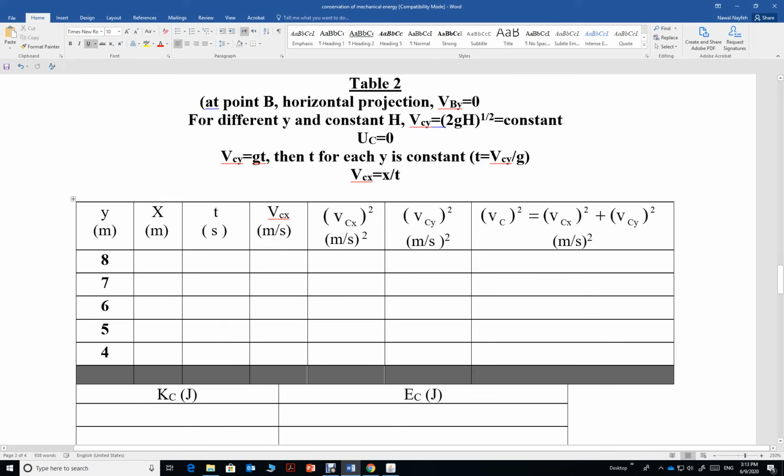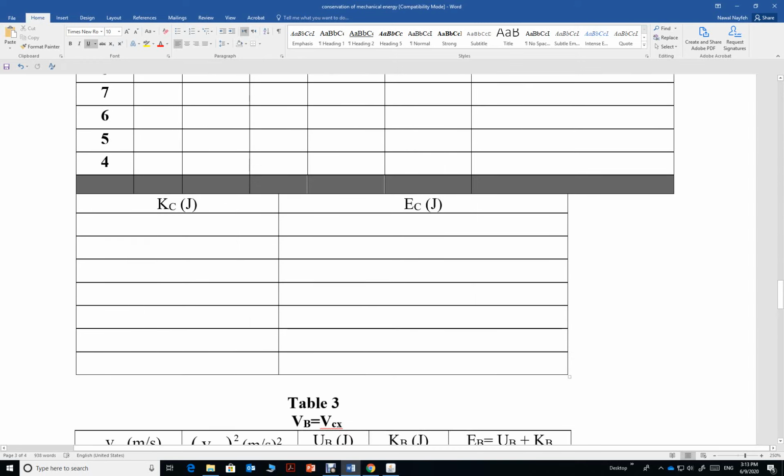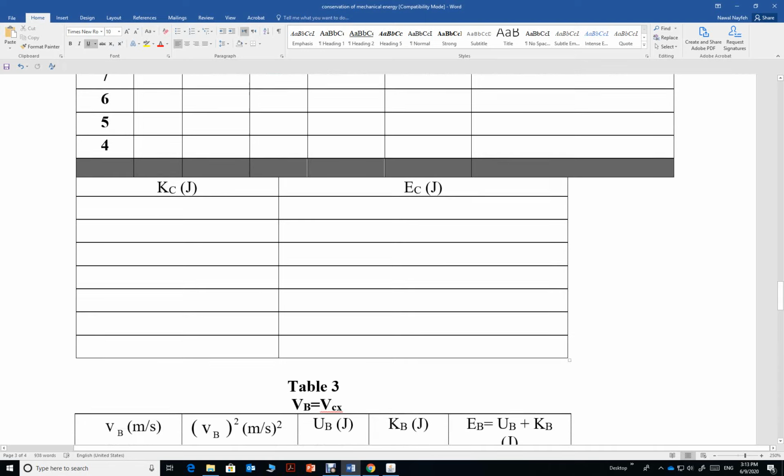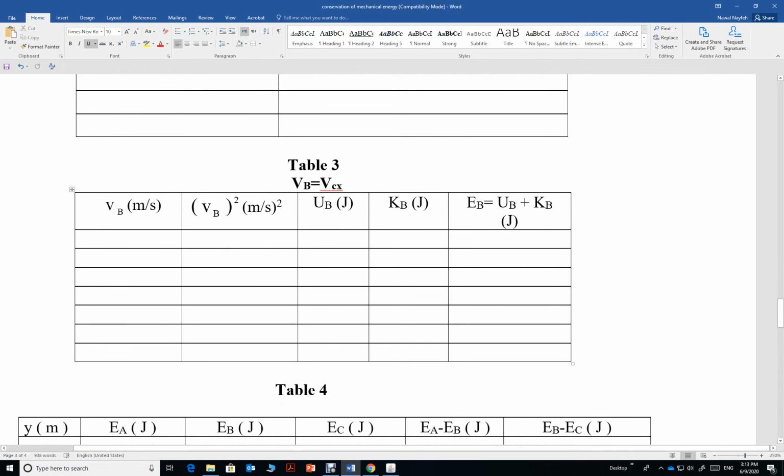Once you have VCX, which is x over t, you can easily find VCX squared and then VCY squared, and then get VC squared and just multiply VC squared by half m. This is the total mechanical energy at point C. KC is the same as EC. Now for point B, VB is VCX, and VCX is x over t, the one you determined above.